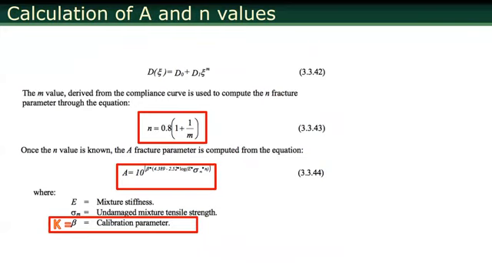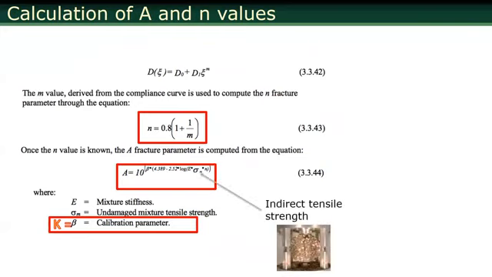These A and N values are essentially, A comes from the indirect tensile strength. There's an equation, 10 to the power, and this is an empirical equation. So the rate of crack growth A can be calculated from the strength and this beta factor. And this beta factor is essentially the calibration factor that you enter in the Pavement ME.